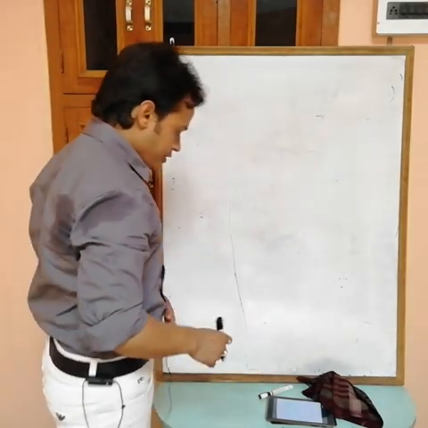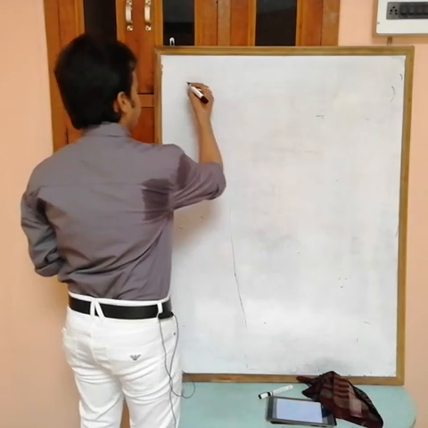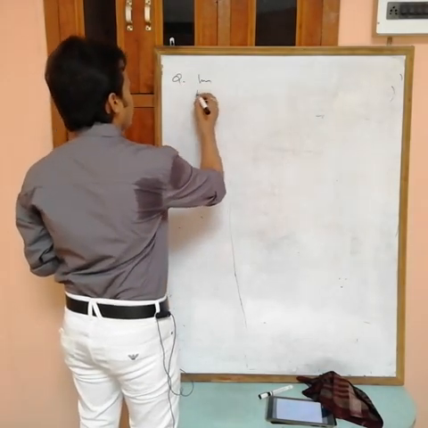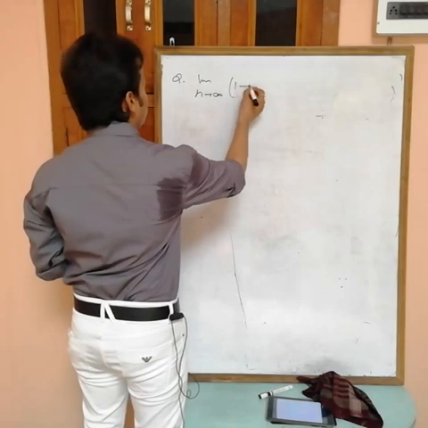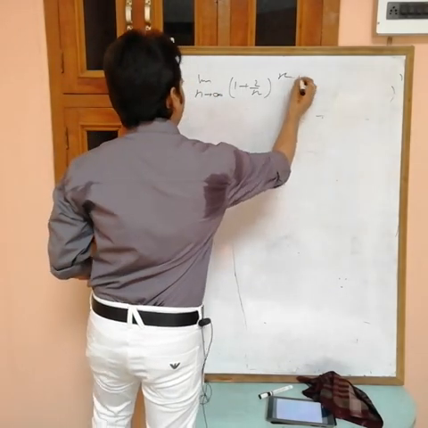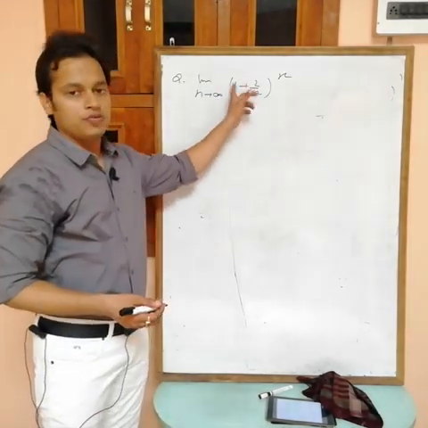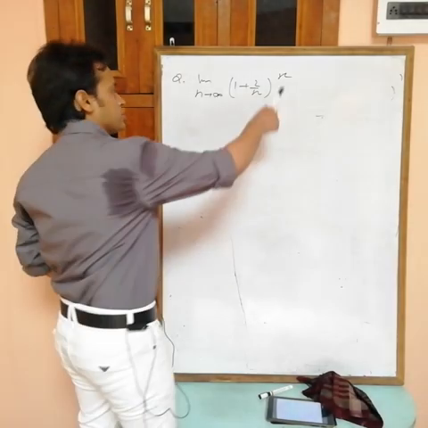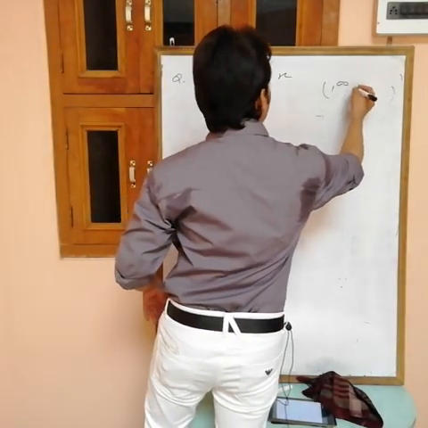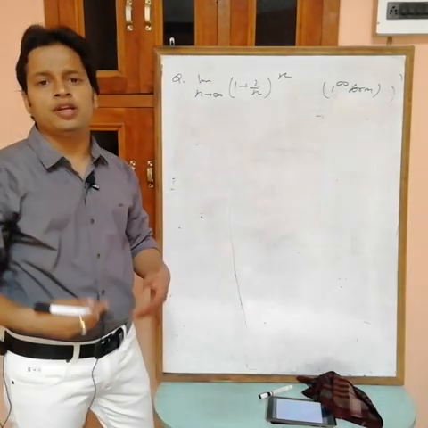Next is limit x tending to infinity of (1 plus 2/x) whole power x. If you put x equals infinity, what will you get? 2 by infinity is 0, 1 plus 0 is 1, and the power is infinity. We are getting a 1 power infinity form. If you have the 1 power infinity form, then you can use the formula.